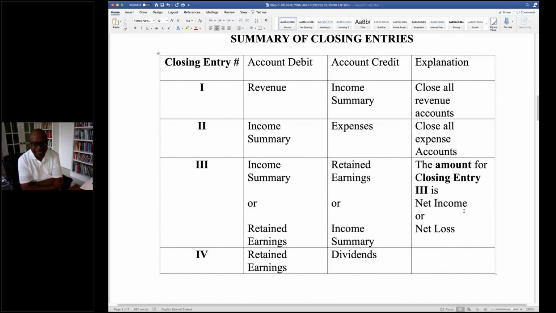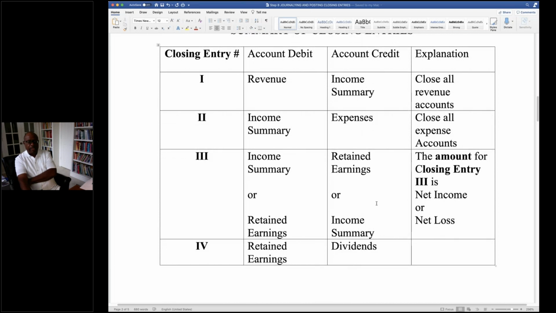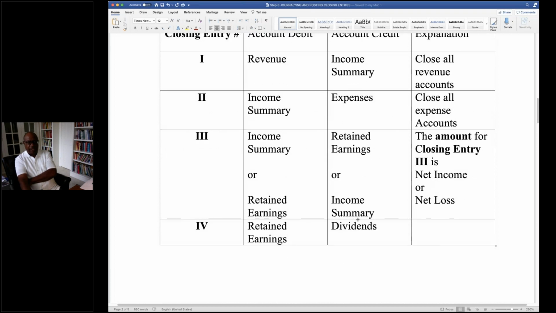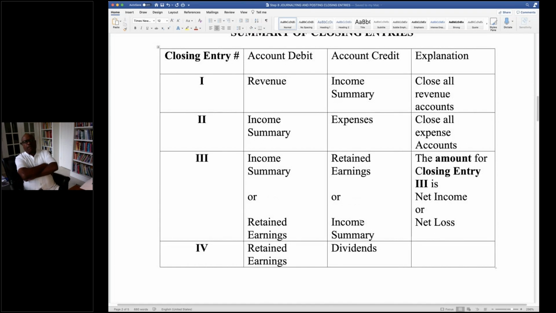So there should be no excuse why 25 students won't get this closing entry correct. And finally, we close out dividends to retained earnings. So these are the 4 closing entries, and you're going to be required to make those on your problem also.